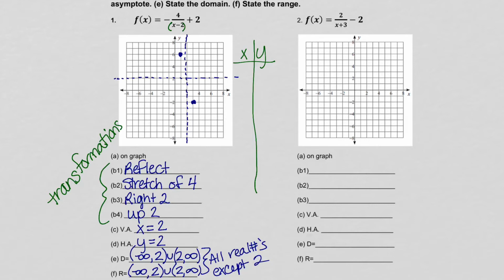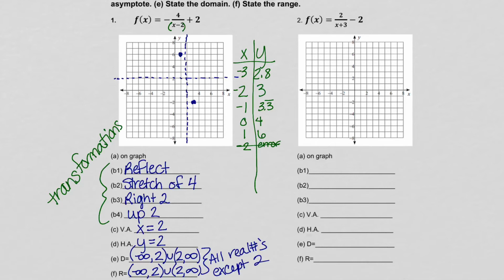So I got like -3 and I get 2.8, -2, 3, -1, 3.3 repeating, 0, 4, 1, 6. 1, 6 is that point I already put on there. Because at 2, x being 2 is my asymptote, so I know I can't get anything there. So your calculator actually will say error.